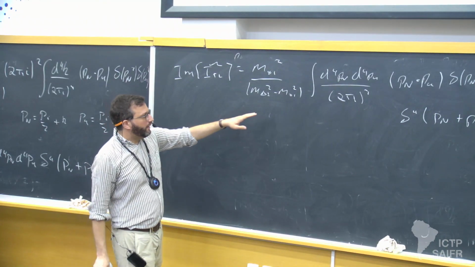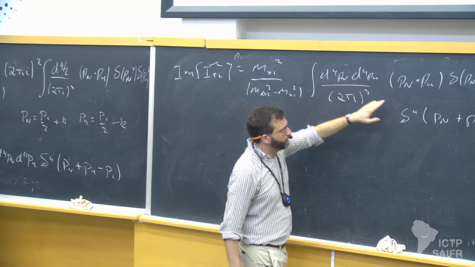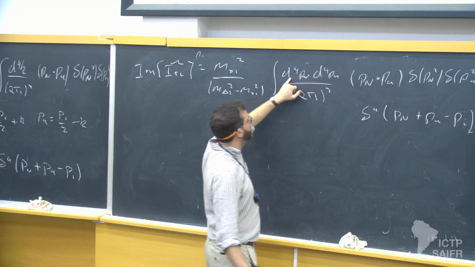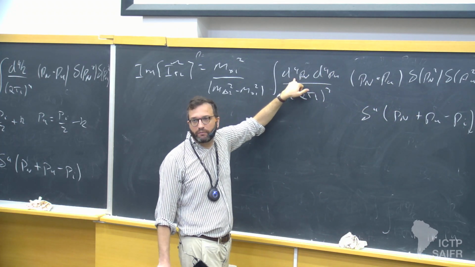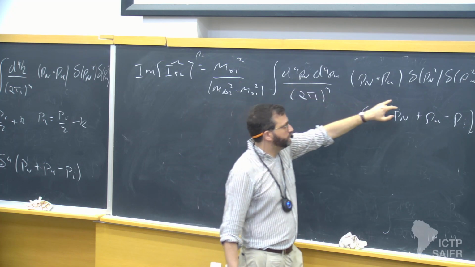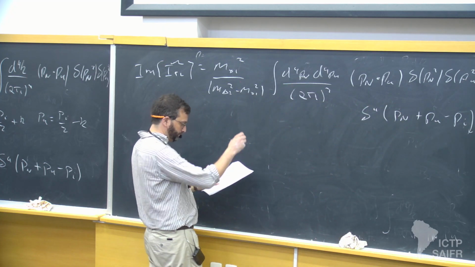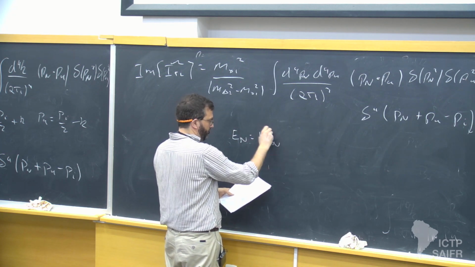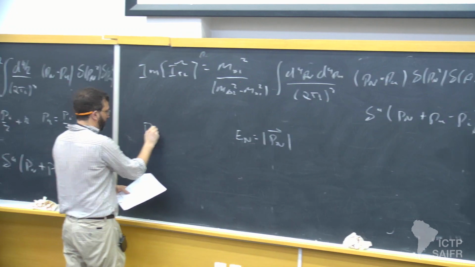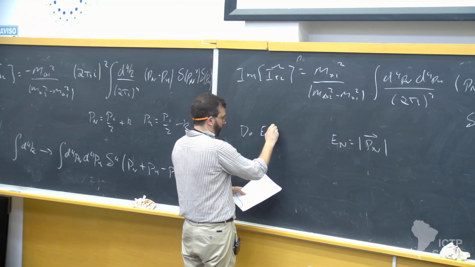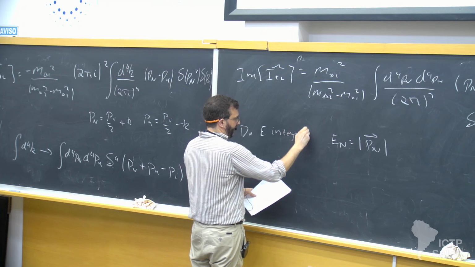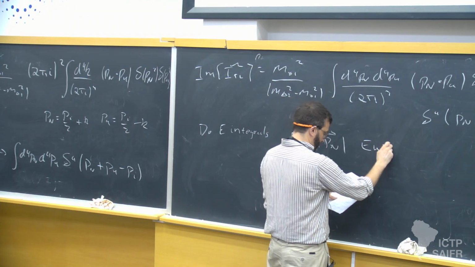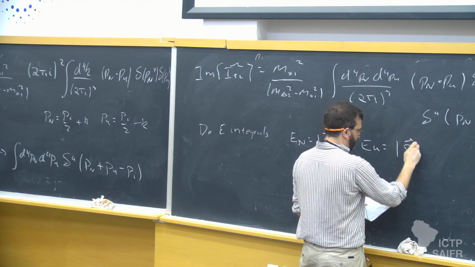And now we can use this form to do the integrals over these delta functions. Say take the energy part of this, the 0 component. And all that's going to do is enforce that En is on shell, because it's massless. So that enforces this, Eu is this, okay?